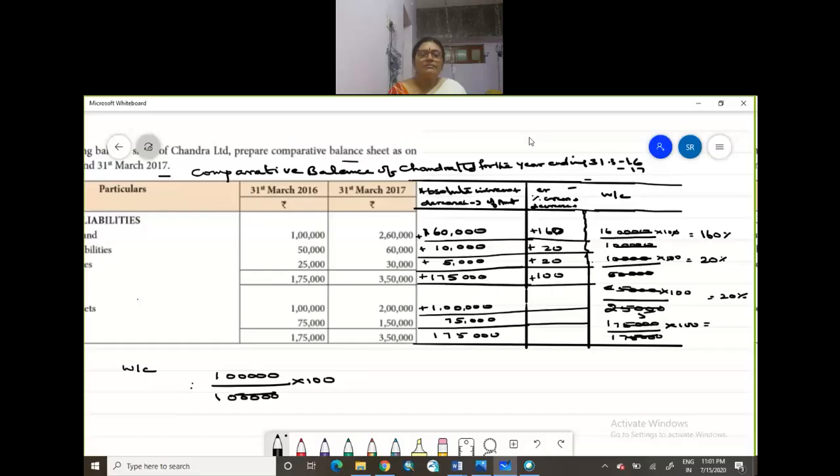So that is again an increase of 100%. Now here again 1,75,000 divided by 1,75,000 into 100. So both will get cancelled. You are left with 100%. So there is a 100% increase in the assets and liabilities in March 2017.